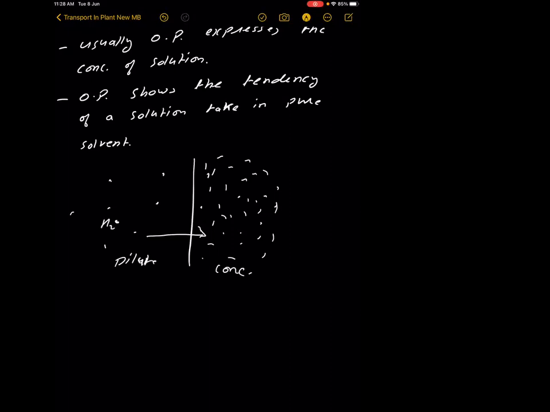If we increase the concentration of this already concentrated solution, osmotic pressure increases, and it shows the thirst of that solution to absorb more and more water. But the definition is slightly different. The definition says that this is the pressure to prevent the passage of water into the solution. It means solute molecules exert a pressure on the wall.